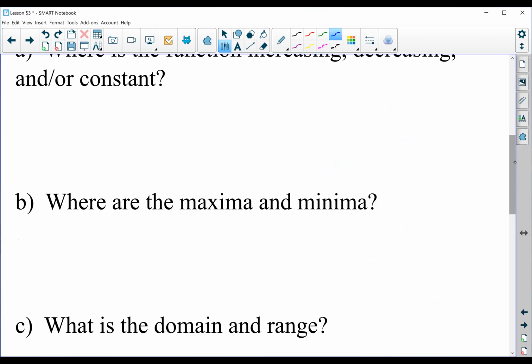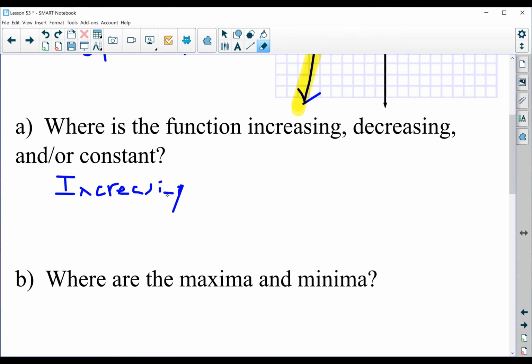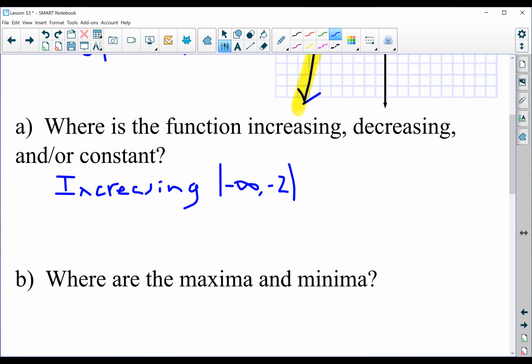So it's increasing from negative infinity to -2, and from 0 to infinity.